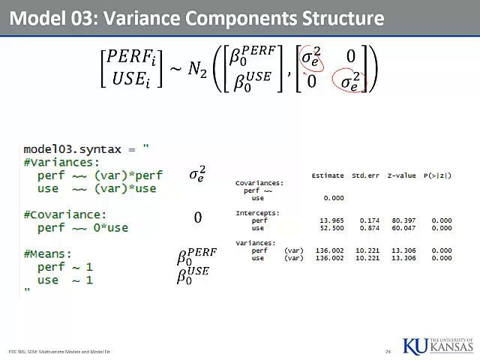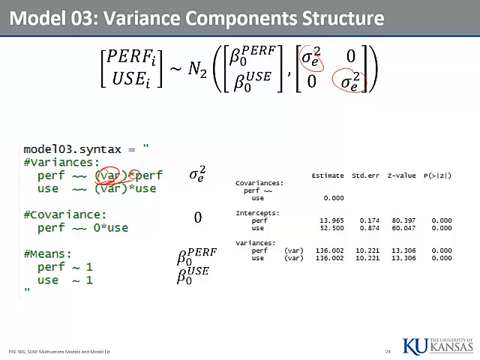In Lavaan syntax, that is where that term in parentheses comes from. You specify the model as you would, and for every parameter you want to set equal to another one, you give it a label. In my case, my label is var. You put the label in parentheses, and you make it look like it's multiplying the value.